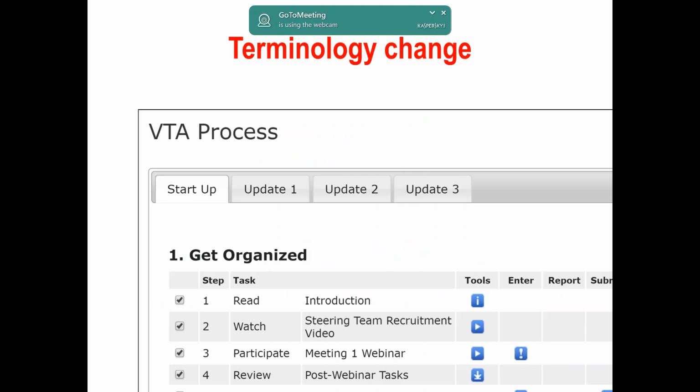And then one other update is a terminology change. This is really nothing different. It's just that we've decided to give the tabs at the top of your process page new names. We used to call you a first-year school. We're now calling you a startup school. And keep in mind that we have schools that stay with us for over a decade.